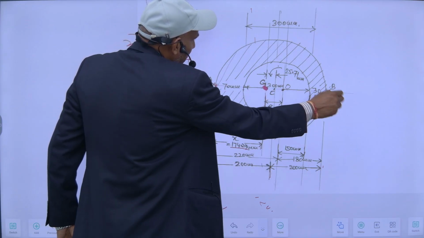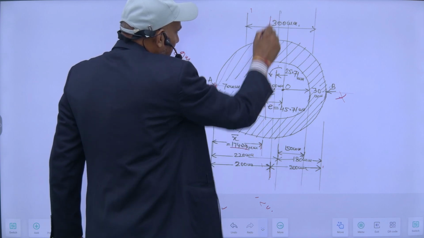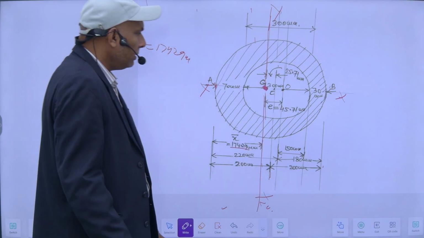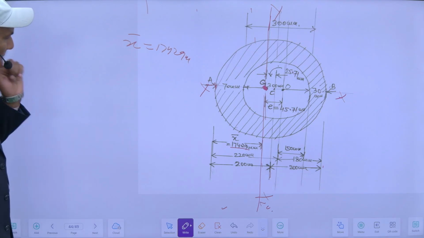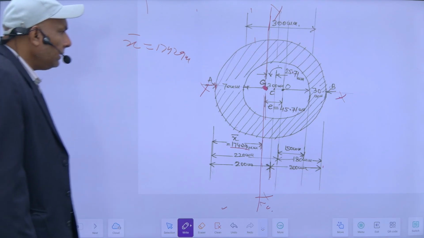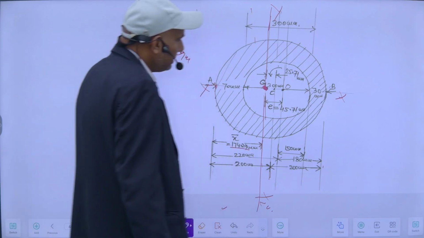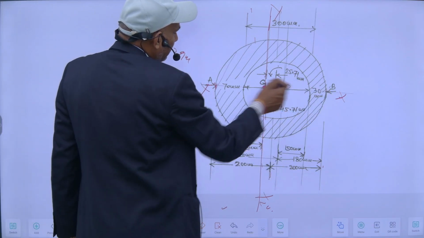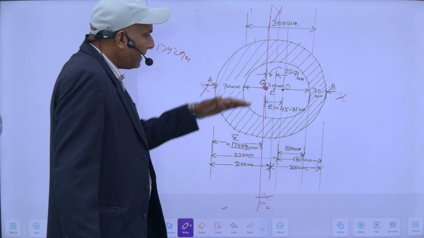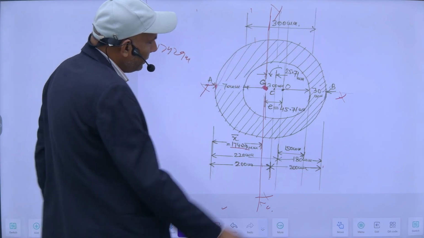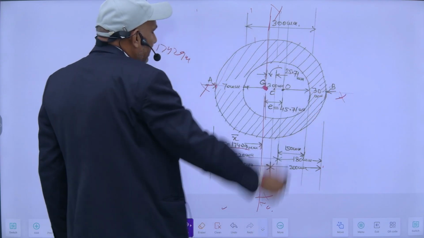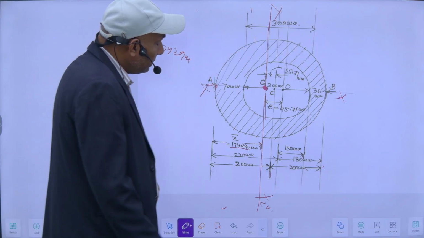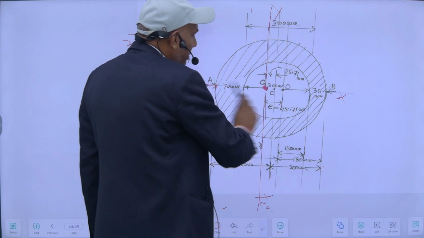axes, one is x axis, another is y axis. This is my y axis, this is x axis. So I have to know the stresses, so my extreme stresses will be here. Since about this x axis my section is symmetrical, upper half is equal to the lower half, but about this y axis it is not symmetrical.